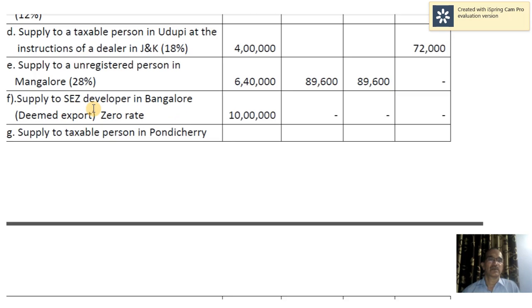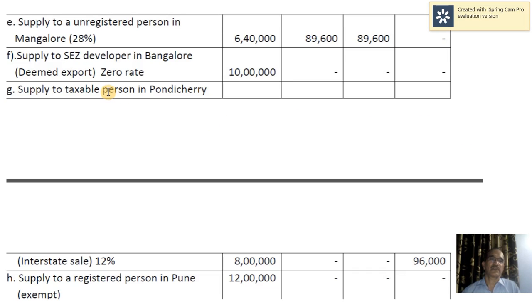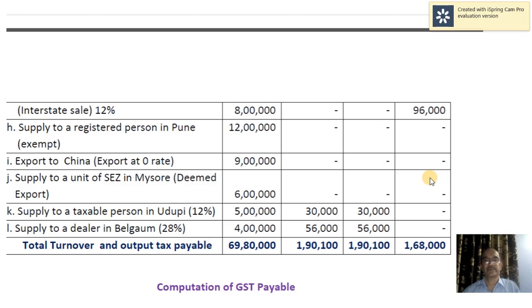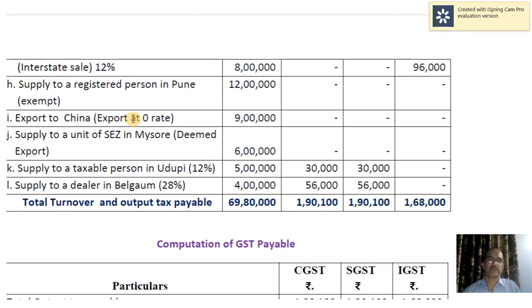Supply to special economic zone developer in Bangalore. This is considered to be a deemed export and zero rated and therefore not taxable. Supply to a taxable person in Pondicherry, interstate transaction, and therefore 12% on 8 lakh, it comes to 96,000. Supply to a registered person in Pune, it is exempt, very clearly given, so it's not taxable. Export to China, export at zero rate, so not taxable.